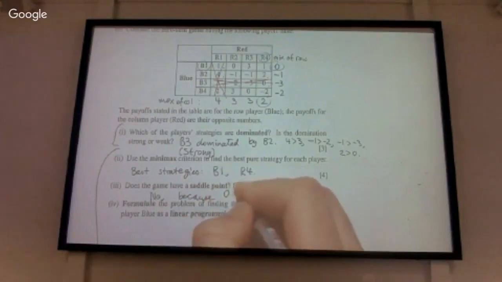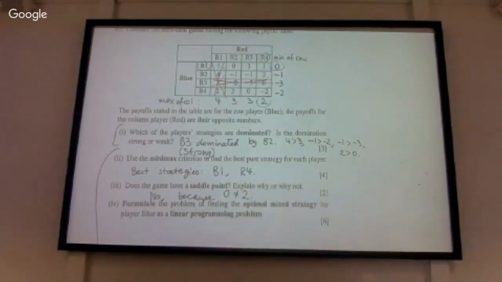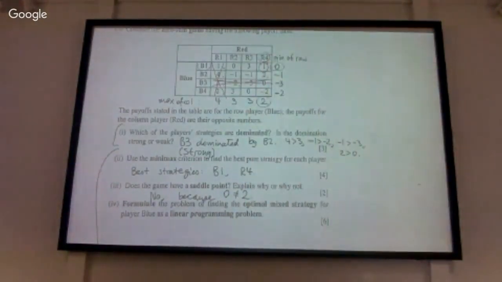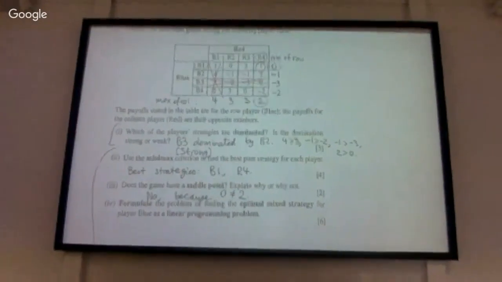So what it means, if you look at this point, is that it's not an equilibrium, because the blue player can improve by switching to B2, and also the red player can improve by switching to R2. So it's not an equilibrium.